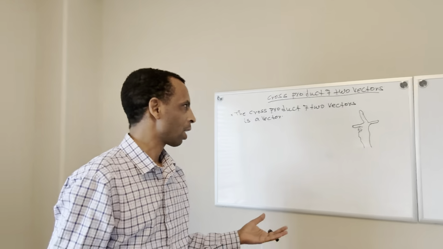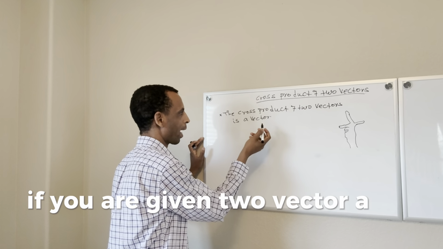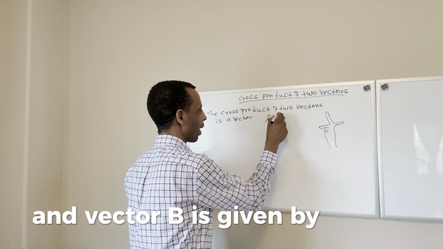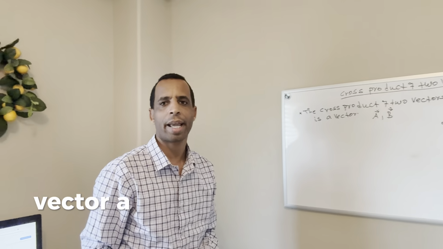The cross product of two vectors is defined as follows. If you are given two vectors A and B, the cross product, written A cross B, is defined as the magnitude of A times the magnitude of B times sine of theta, where theta is the angle between the two vectors. Remember, A dot B uses the dot sign, and this is the cross sign.